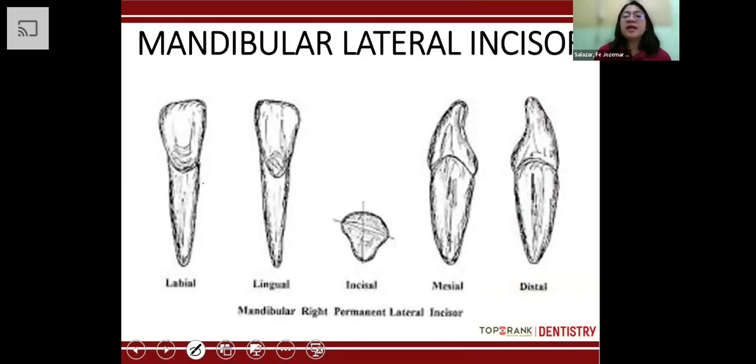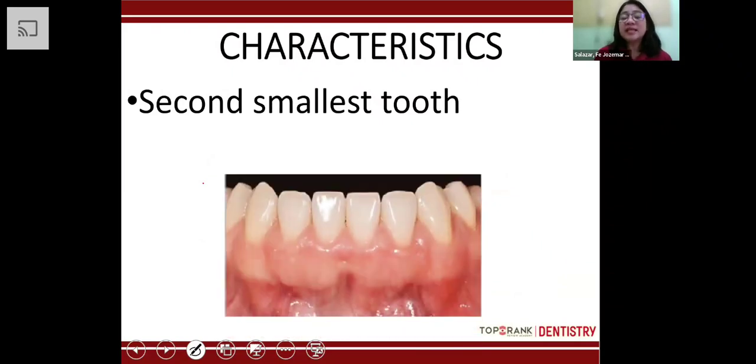Okay. Mandibular lateral incisor, it's the second smallest tooth. It is just a little bigger in all dimensions than your central incisor.